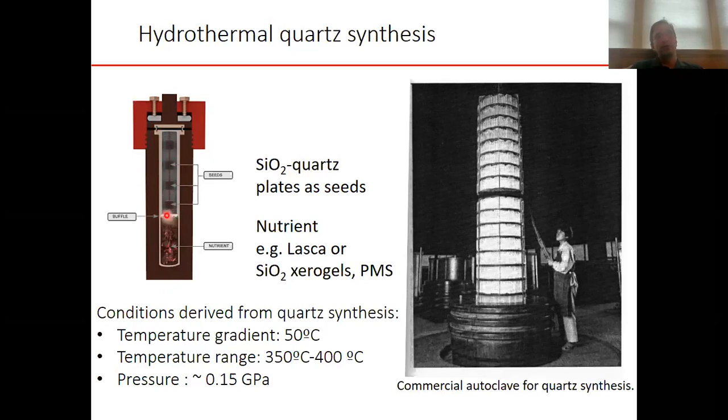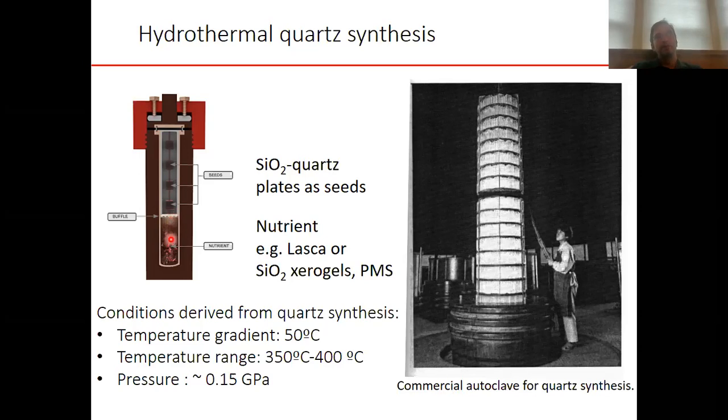These two zones are separated by a so-called baffle, which is nothing else but a disk that has holes. The baffle allows you to increase the temperature gradient, but it also allows mass transport from the dissolution zone into the growth zone.